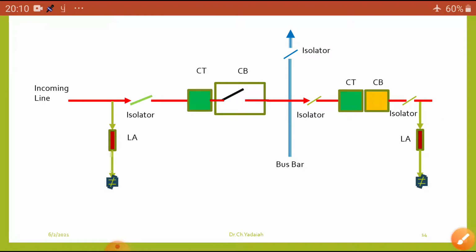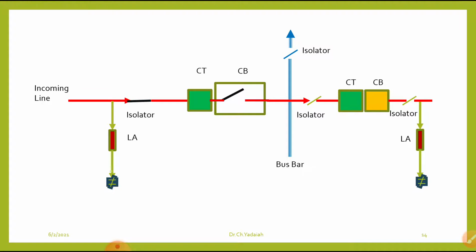Now you can see here the isolator is closed. The isolator is closed while the circuit breaker is in the open condition only. Then the current is coming from the incoming line, but since the circuit is open, the current will not flow. You can see the breaker is open. Now I want to close the circuit breaker manually. Then I close it.